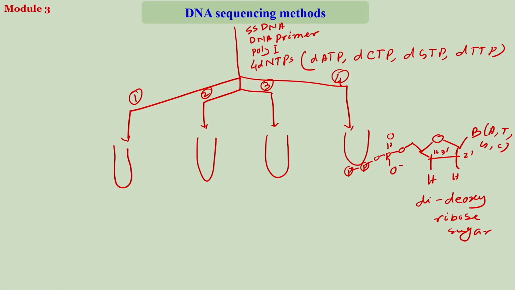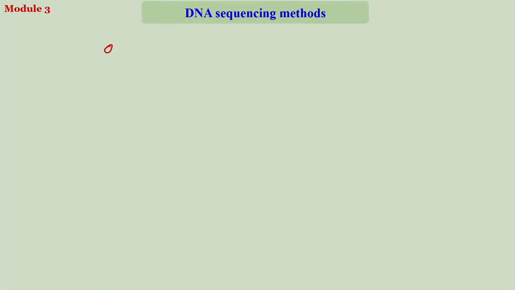Now, why this molecule? What will this do? If you look at the reaction, by now I think you know it by heart, when the polymerase was reacting, what was happening? You have the base B1, O, and here let us say the DNA primer. We have started with the primer, this is the last base of the primer with a 3 prime hydroxyl free. What was the reaction?